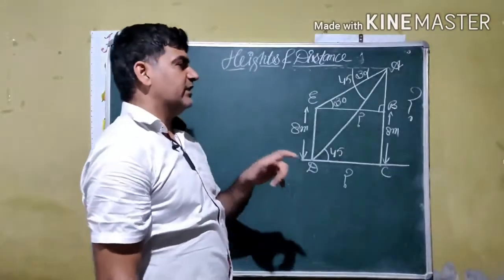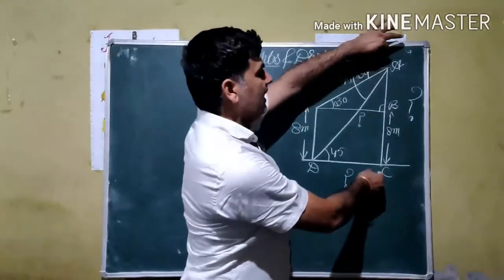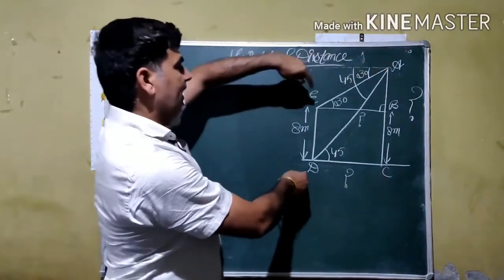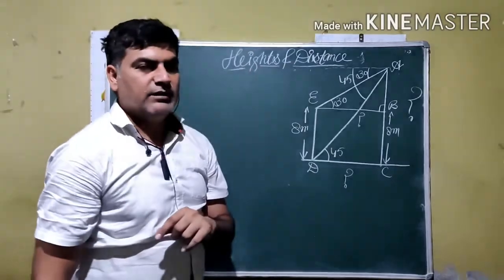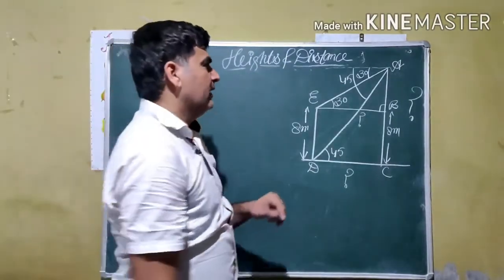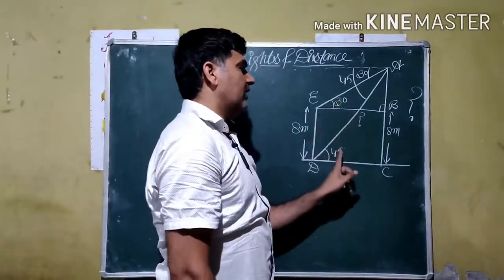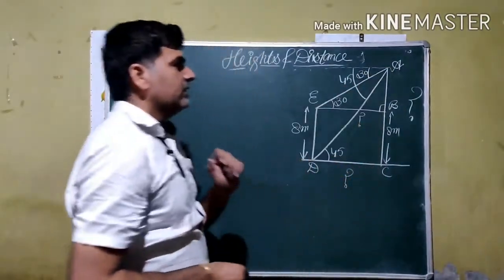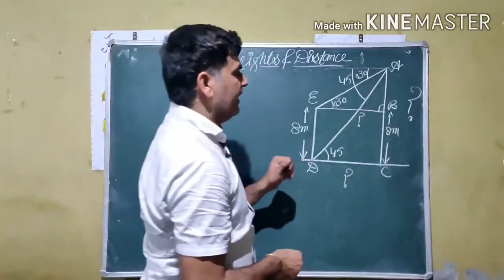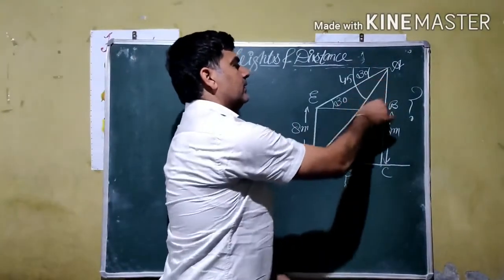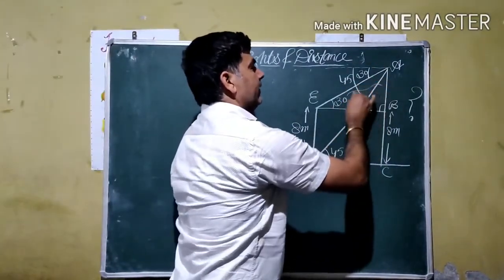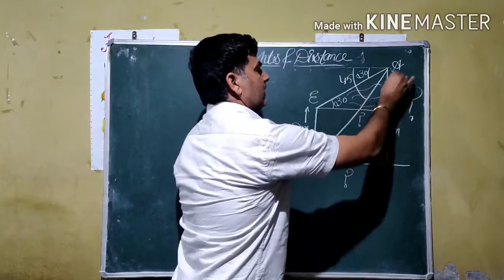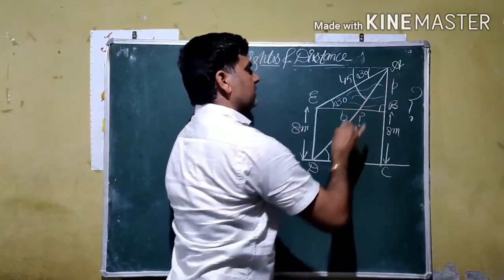First of all, AC is the height of the multi-storey building and the other building has a height of 8 meter, and the angles of depression are already shown in the figure. We have to find AC as well as CD. First we take the small upper triangle. In front of the angle, this side is known as perpendicular, and this is the base.